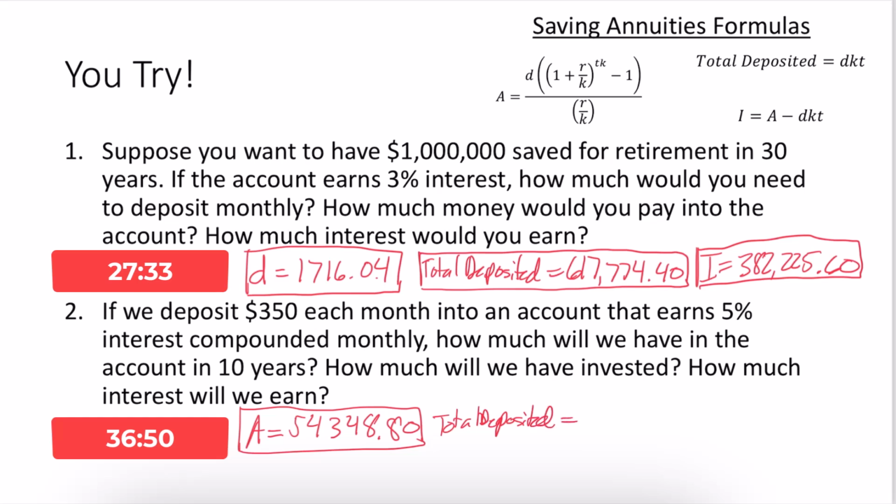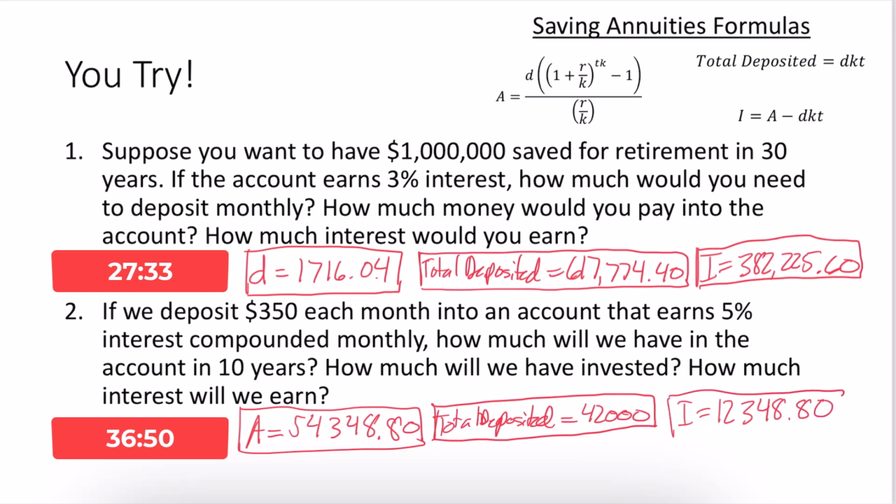And that's going to be $42,000. And then the interest earned is going to be $12,348.80. And that would be the answer to the last question. So that's how you solve those two questions. If you missed any of these parts, you can skip ahead to the timestamp shown on the screen to see how to solve those.